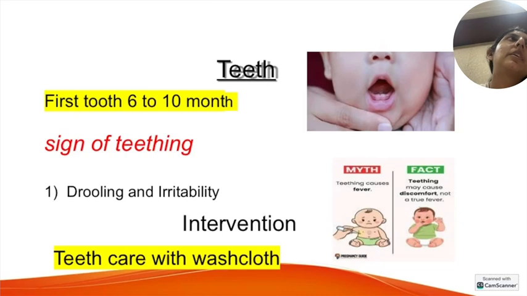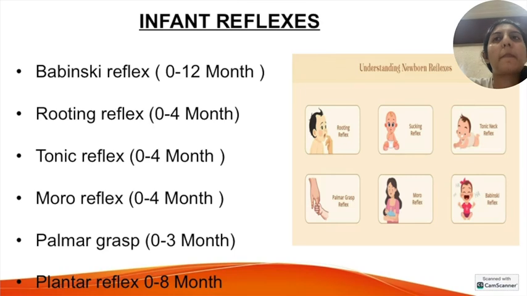Then coming to infant reflexes. Number 1 is the Babinski reflex that typically shows up 0 to 12 months. It's where the toes fan out when stroking the sole or bottom of the foot. The rooting and sucking reflex is seen around 0 to 4 months.